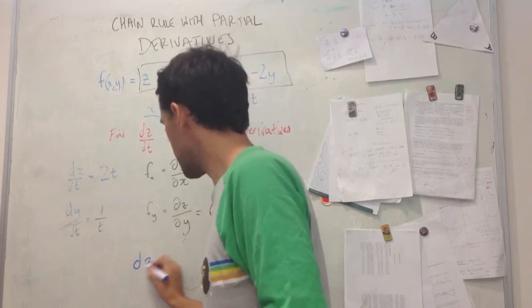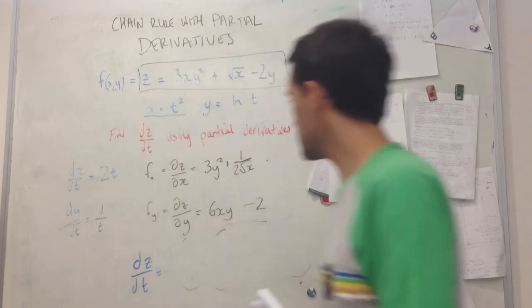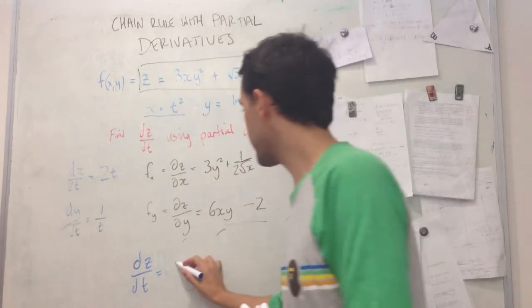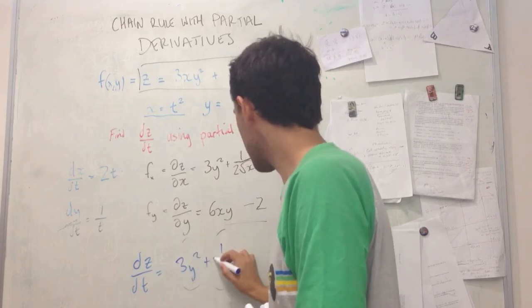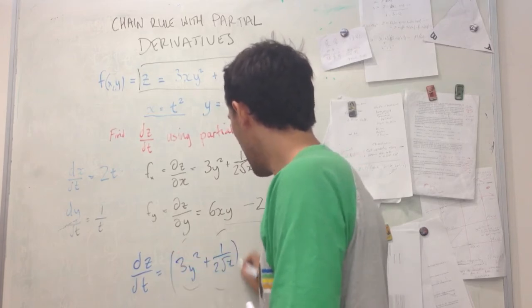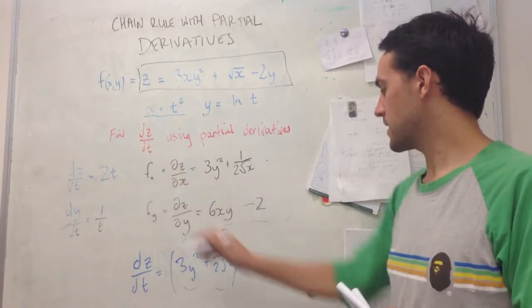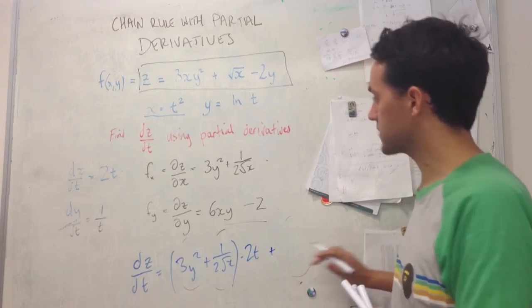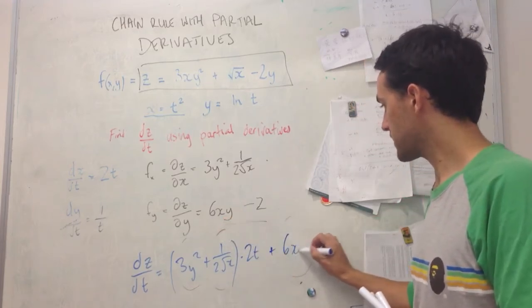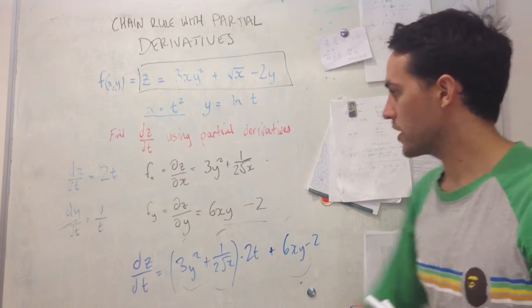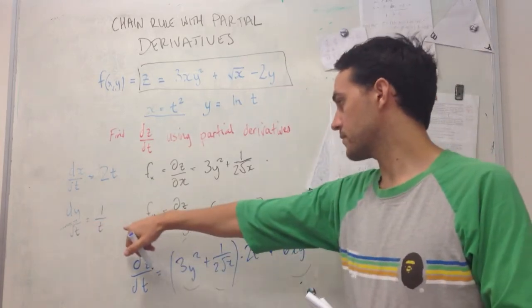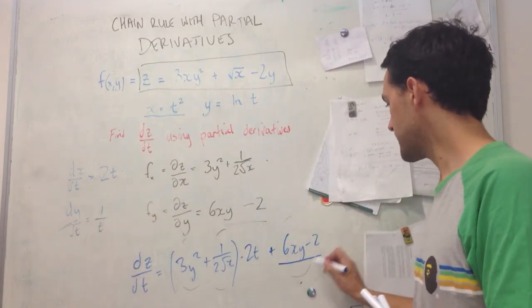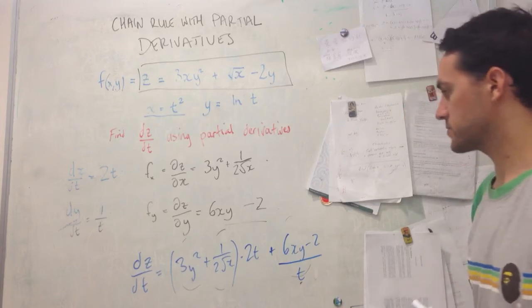So I have dz/dt is equal to, remember we've got the partial derivative ∂z/∂x, so that's 3y squared plus 1 on 2 root x, multiplied by dx/dt, which is 2t, and then plus my derivative with respect to y, so 6xy minus 2, multiplied by my derivative dy/dt, so that's just 1 over t here, and that's my expression.